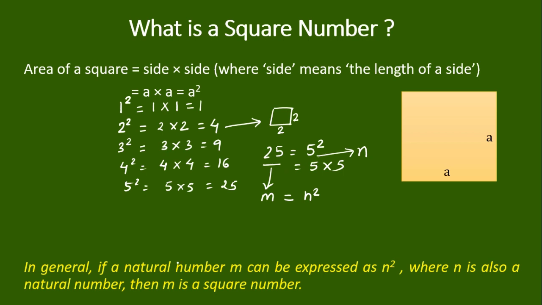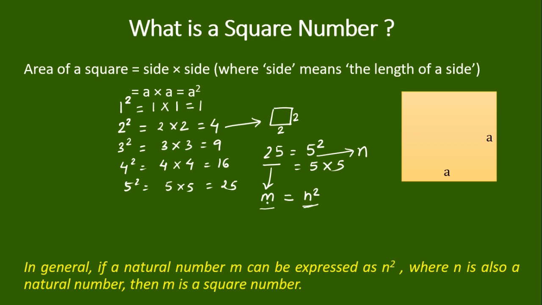All of you must be knowing natural numbers, the numbers which start from 1 to infinity are called natural numbers. So here m can be expressed as n square, where n is also a natural number. Here n is a natural number and m is also a natural number, and we are representing m as equal to n square.